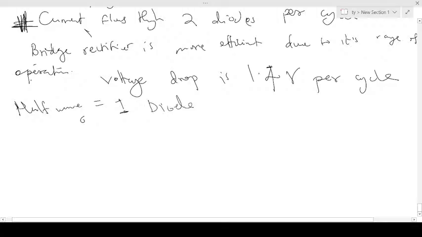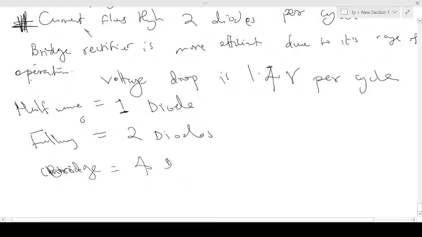There is no transformer in half wave and bridge, but there is a transformer in center tap.